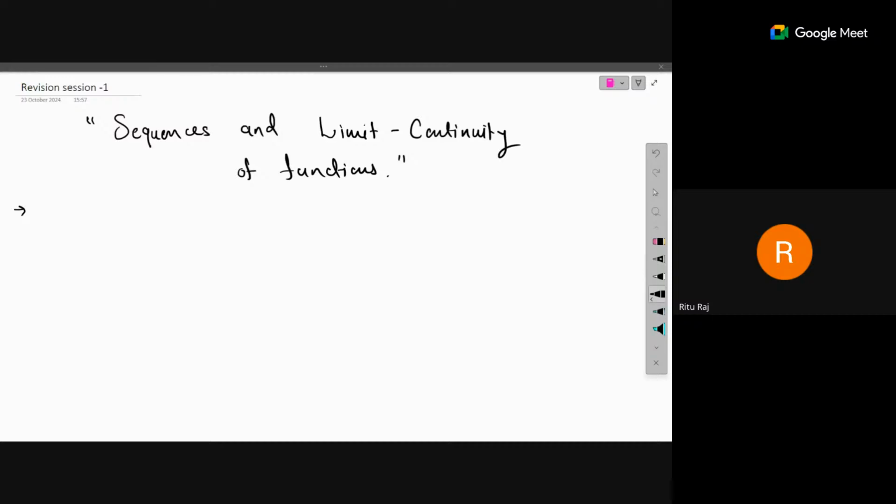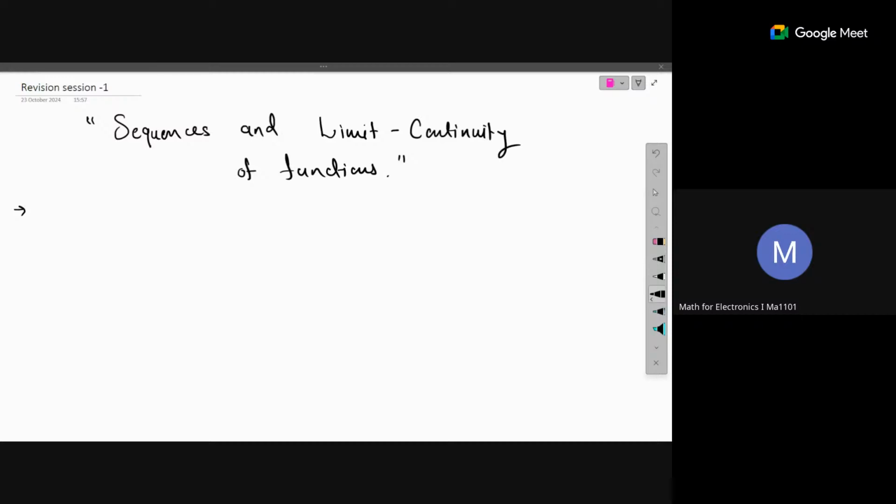Okay, so here some information is given for 8, 9, 10, right? An electrical engineer is designing a signal processing circuit that amplifies weak audio signals. The circuit input voltage is denoted by V. It passes through an amplifier with gain function G of V. So here one function is given to you and that function takes the input to be V. The engineer needs to ensure that the amplifier is operating within its range for accurate signal processing.